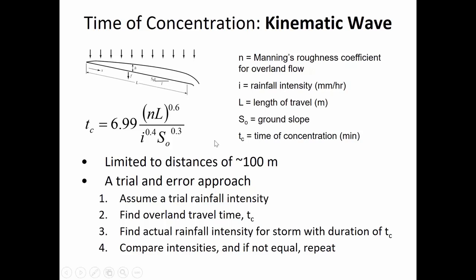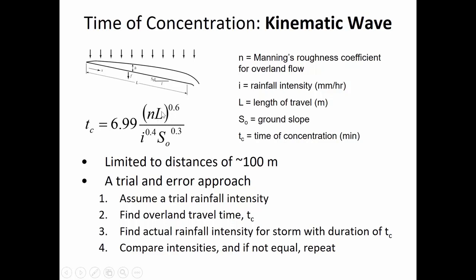The kinematic wave only has limited applicability because the distances that it's applicable over are about 100 meters of length. But if you look at what factors go into the formula here, they're saying how long it's going to take for the water to travel over a certain distance. Obviously, the time of travel partly is dependent on how long the distance is.